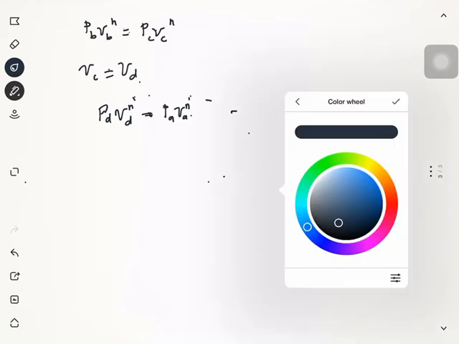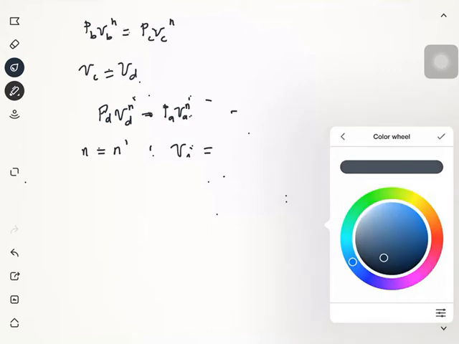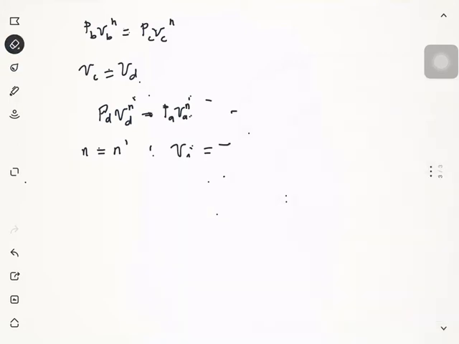If we let n be equivalent to n prime, we have this result: VA prime is equivalent to VB.